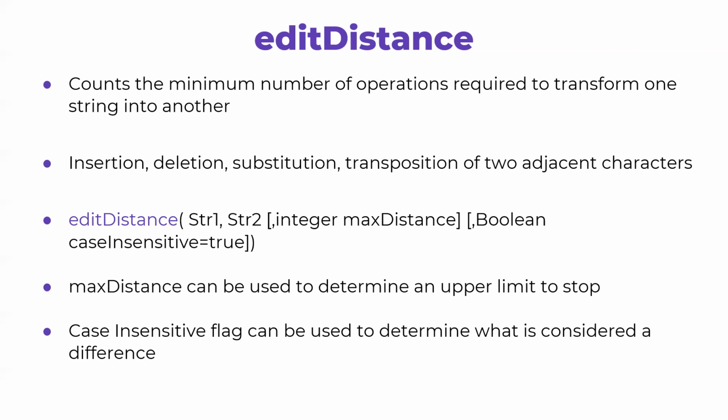The max distance can be used to determine an upper limit, after which the expression stops looking for differences, while the case-insensitive flag can be used to determine what is considered a difference when looking at two characters of different cases, so uppercase or lowercase. The max distance setting can help with performance, as the expression would stop looking for differences once it's reached its threshold or max value.